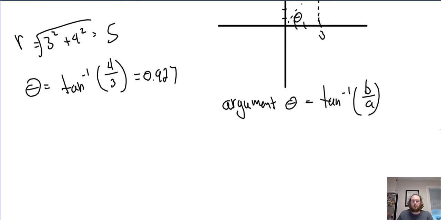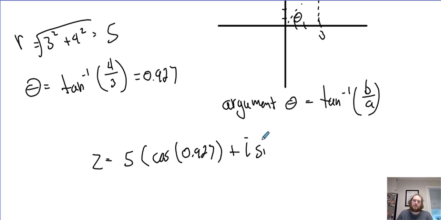So the way that we would write our complex number in the polar form here is 5 cosine of 0.927 plus i sine 0.927. And there we go.